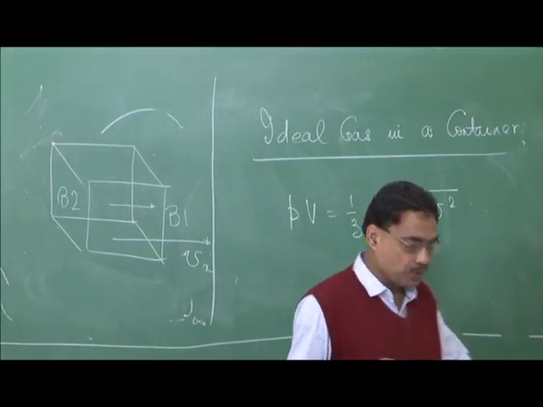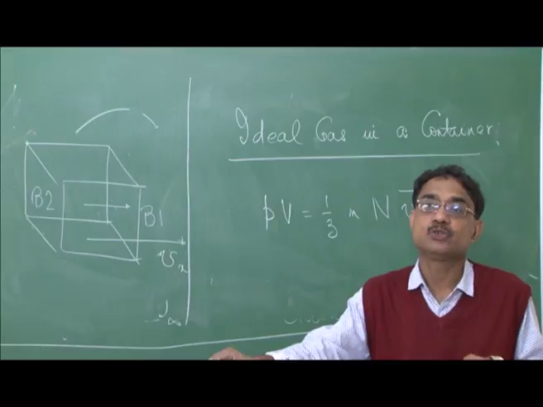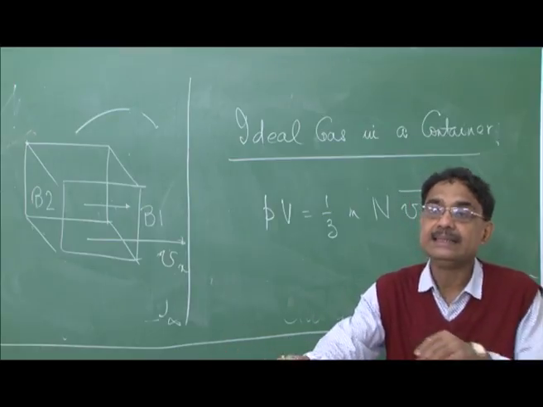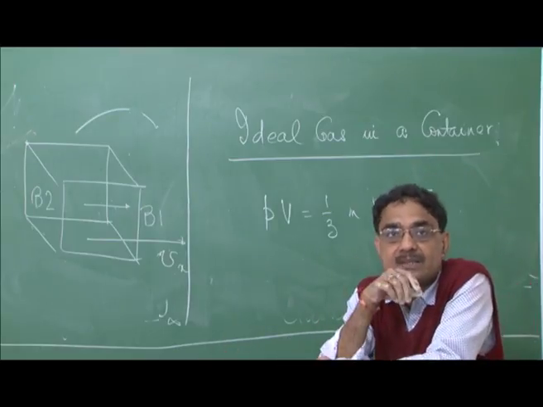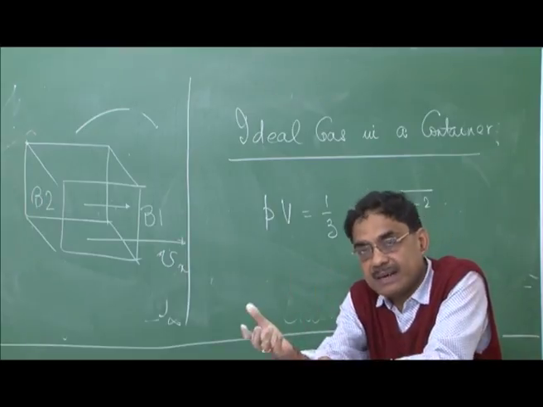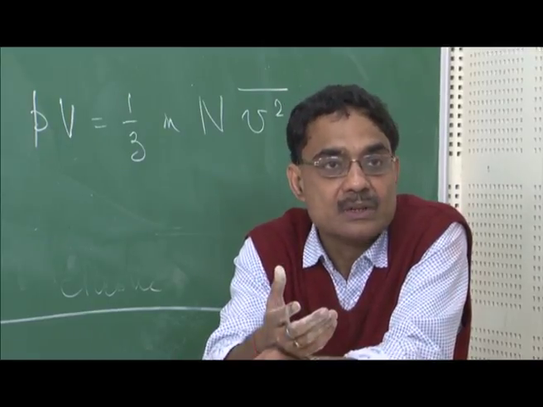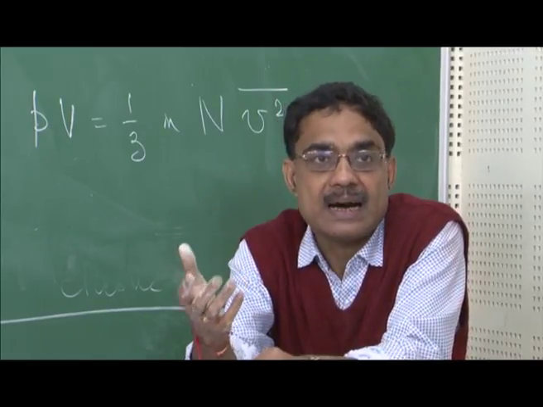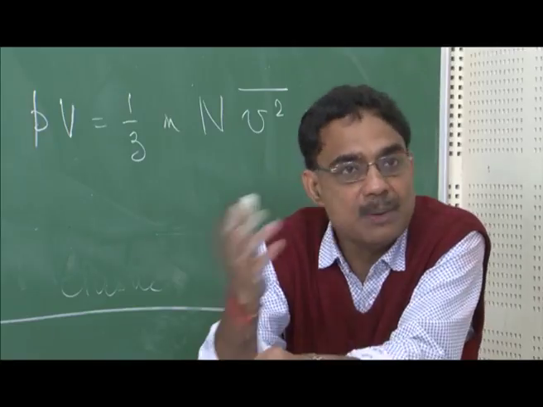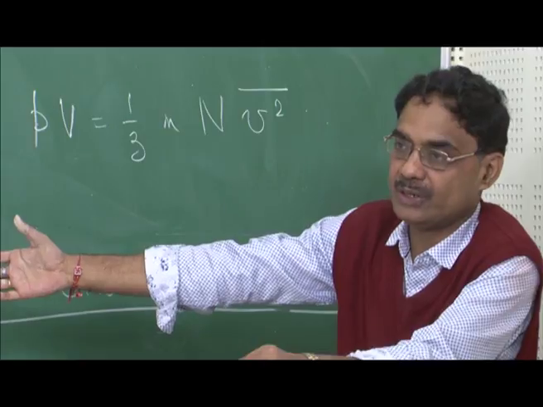So, what I told you today is that there are two approaches to study the thermal properties or equation of state of a gas or for that matter any system. One is the kinetic theory approach, where you go microscopic; the other is the thermodynamic approach. In equilibrium the results would be similar. I have started with the kinetic theory approach.